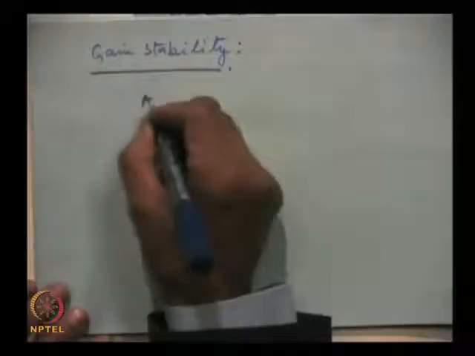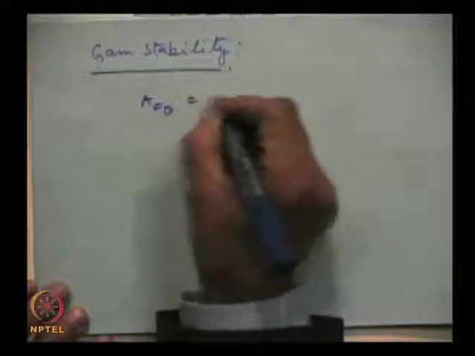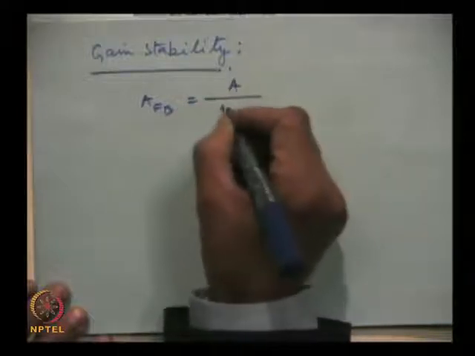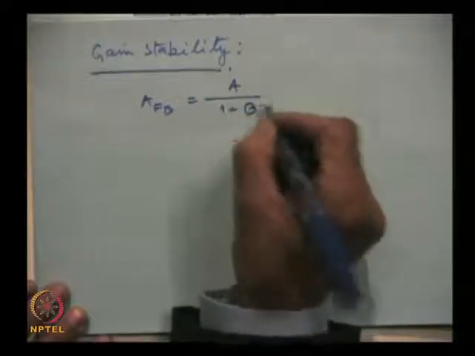So we are now showing how the gain will be made stable by using the negative feedback. So the basic equation AFB is equal to A divided by 1 plus BA.